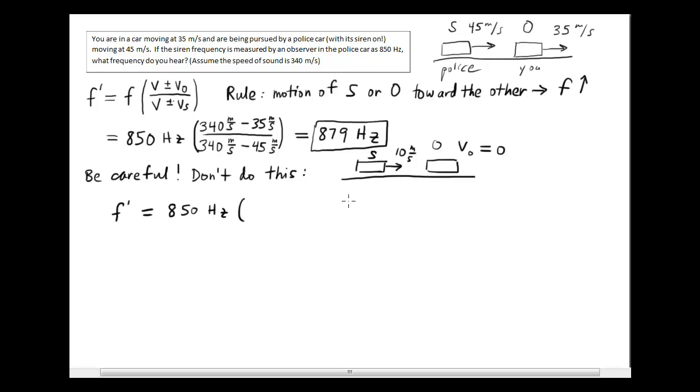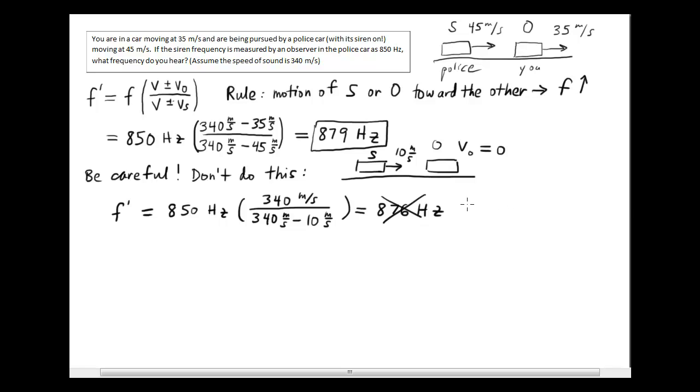If VO is 0, then the numerator would simply be 340 meters per second, and the denominator would be 340 minus 10 meters per second. If you crunch the numbers on this one, you get 876 hertz, which isn't too different from the correct answer, but it's not correct.